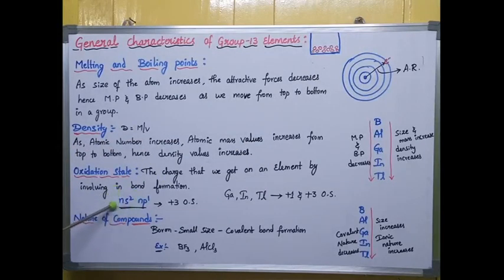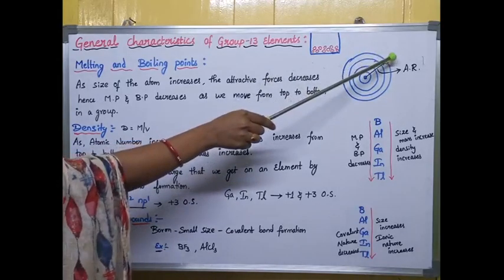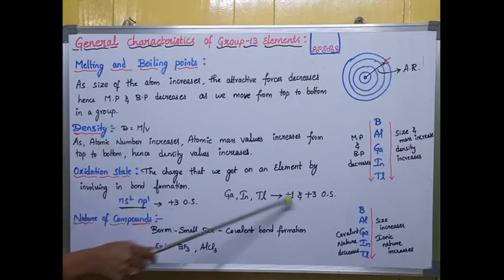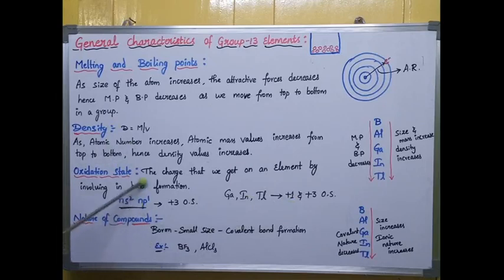That effect is called the inert pair effect. It is the tendency of valence electrons not to be involved in bond formation. Only if it loses the np1 electron does it get +1 oxidation state. In some cases it loses all 3 electrons, and then you get the +3 oxidation state.